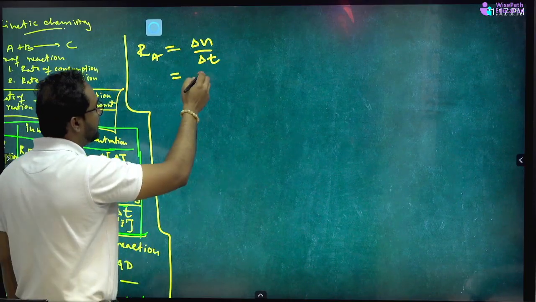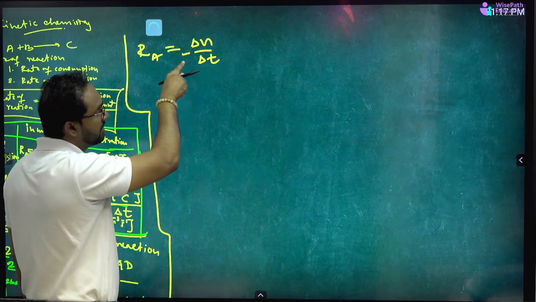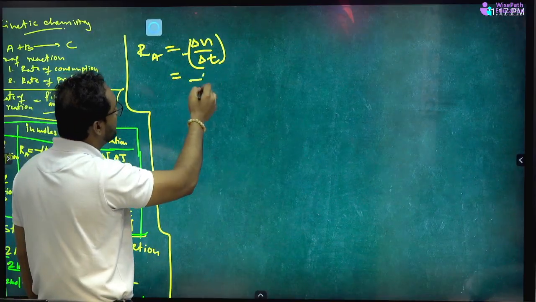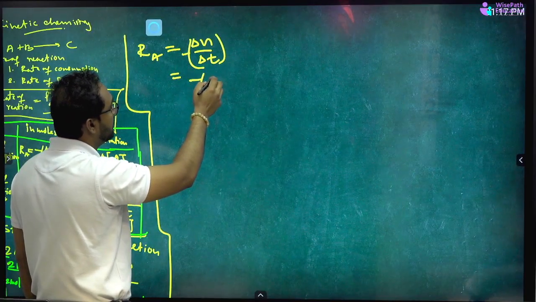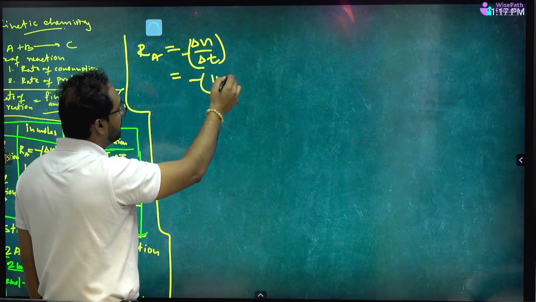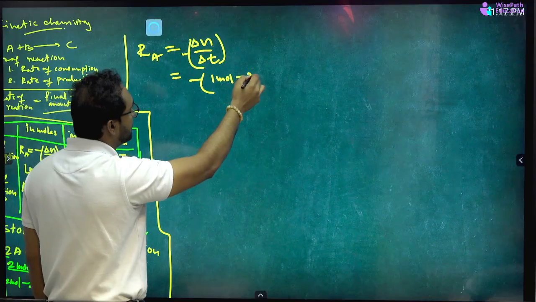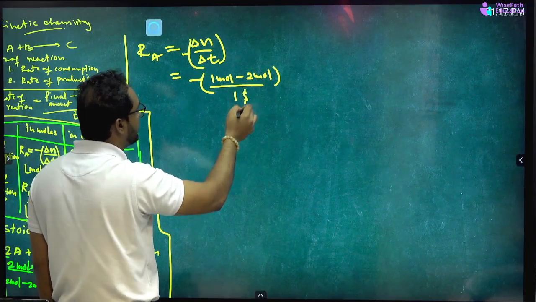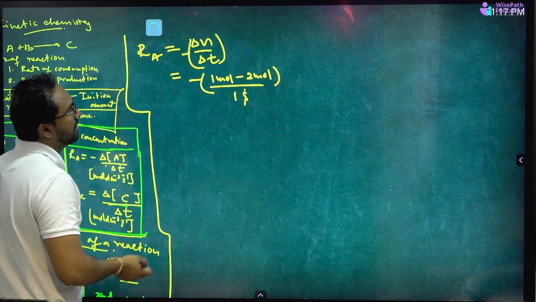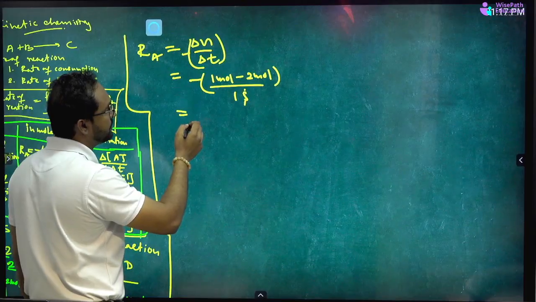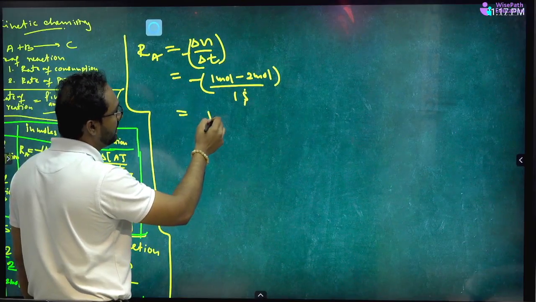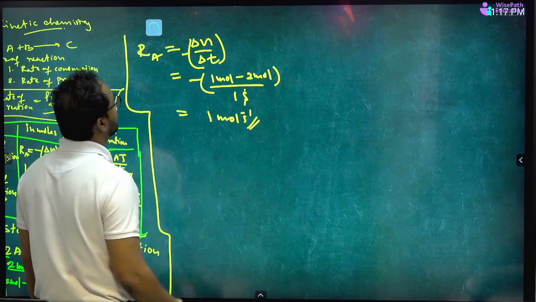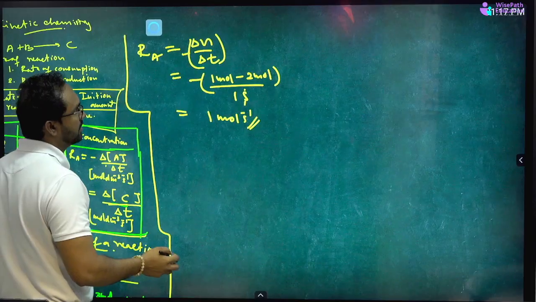It's final minus initial. So there has to be a minus here. So minus, tell me the final. That is 1 mole minus initial is 2 moles. Let's take time spent as 1 second now. And the rate of reaction is what? 1 mole per second, right? It is 1 mole per second.